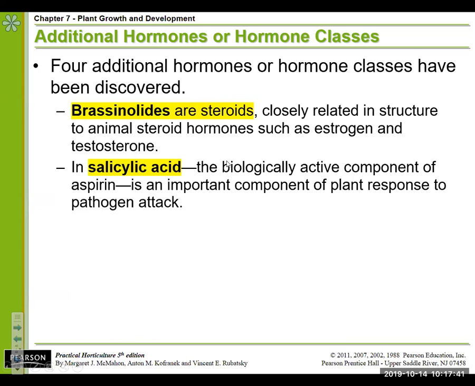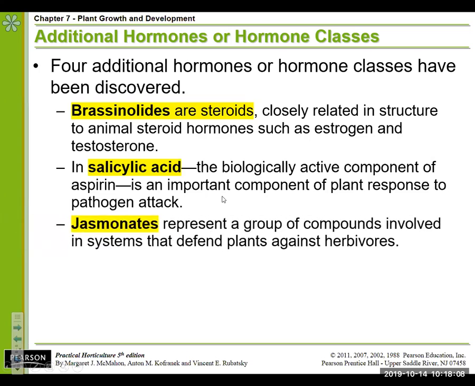these birth control products. Salicylic acid is the natural component of aspirin. Before they synthesized it, they were actually deriving it. Native Americans, we mentioned that back when we were talking about the ethnobotany, were using it as a natural painkiller, and it can be an important component of the plant's responses to pathogen attack.